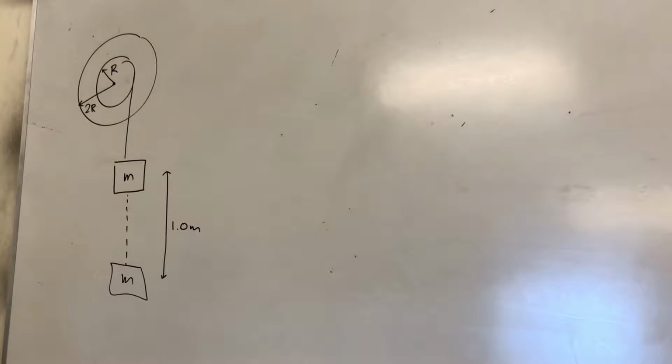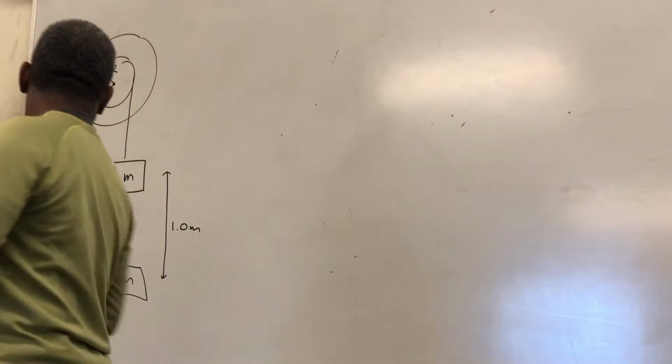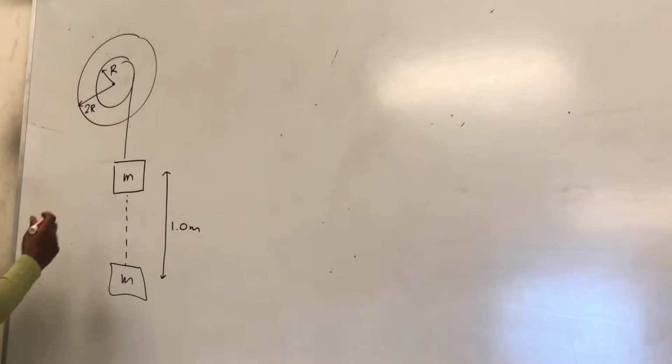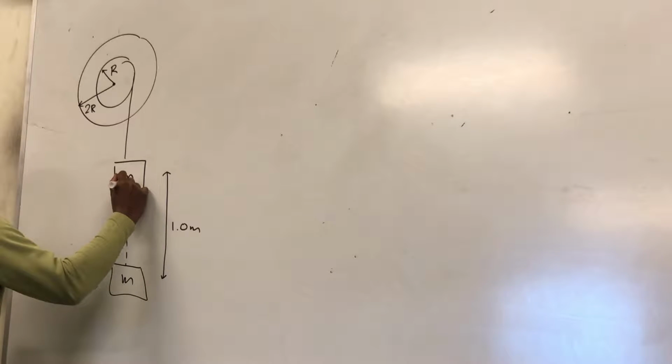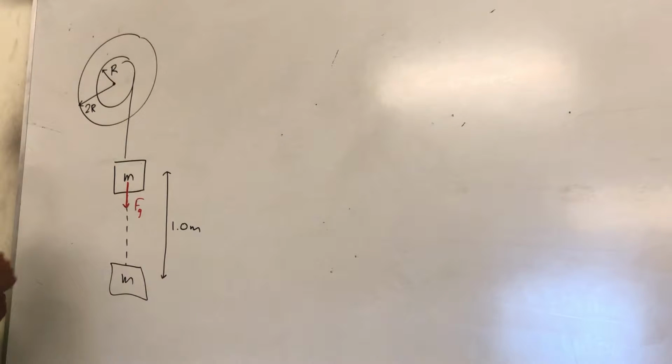The question is, how fast is the block moving after falling for 1 meter? So here, it's another conservation of energy problem. In order to do this, we know we're going to need to know something about forces. So I know this mass has a gravitational force acting on it.